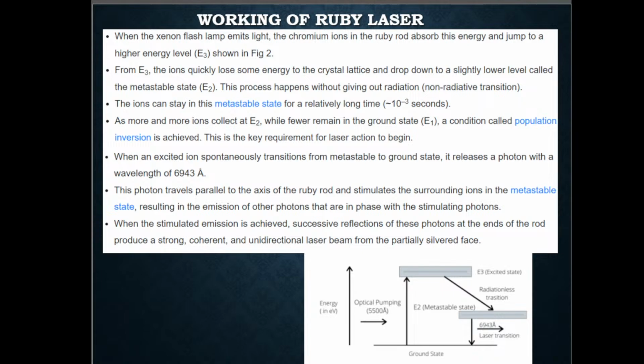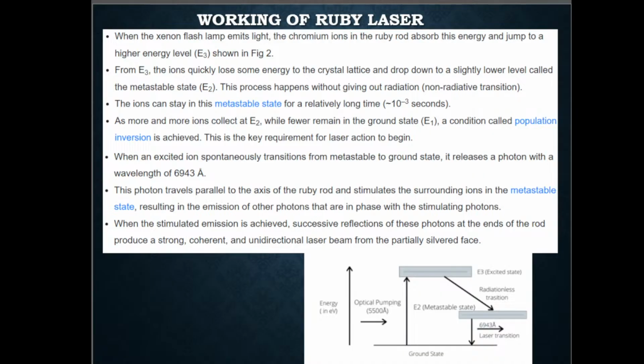Okay, so you know whenever the light is incident on the ruby rod, at that time the ground state electrons will go into the excited state, and whenever they are going into the excited state, we require a population inversion condition. So for that, a little bit of things will be happening inside that ruby rod.